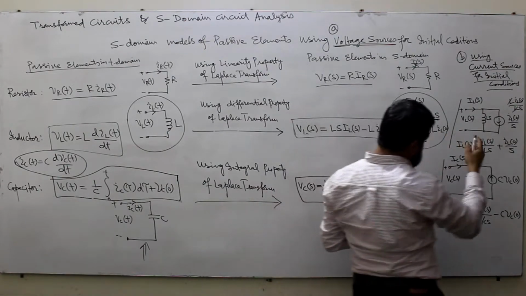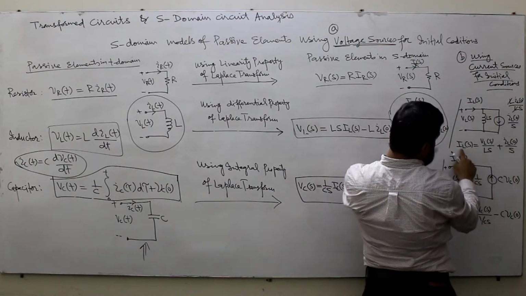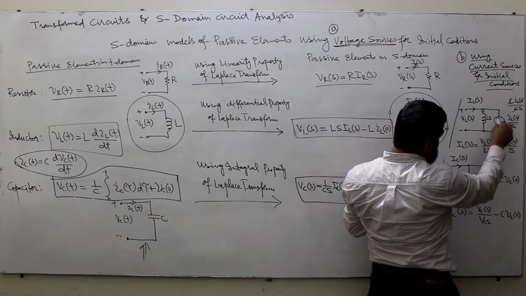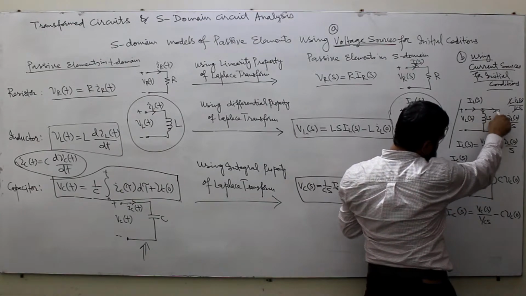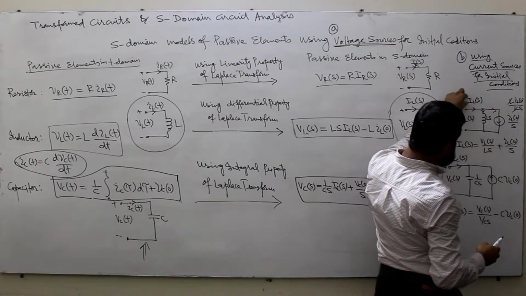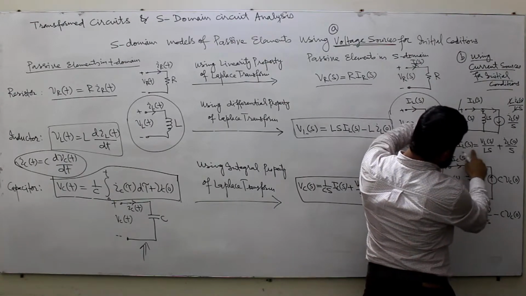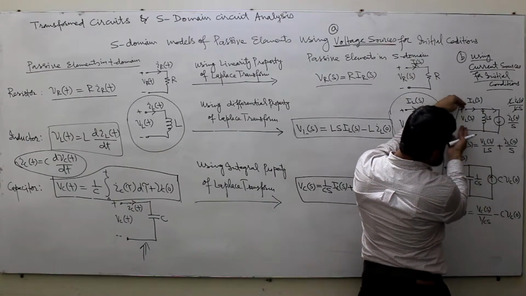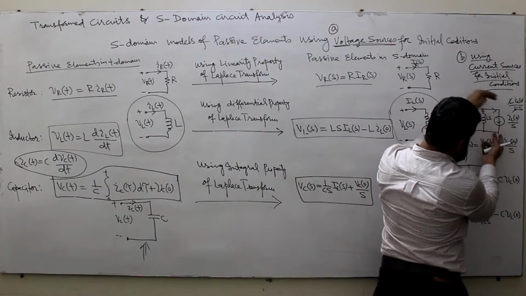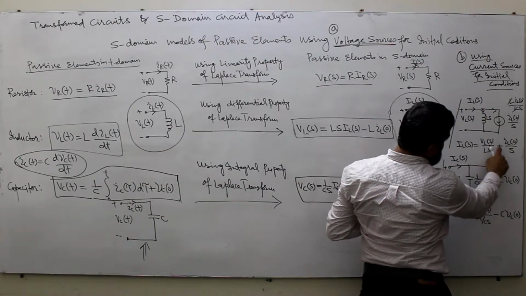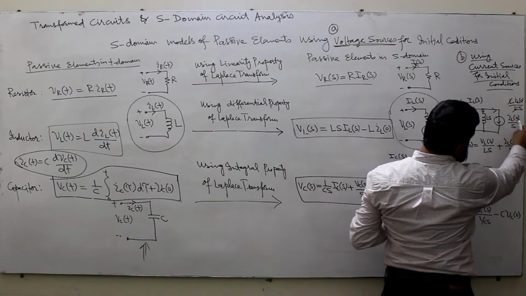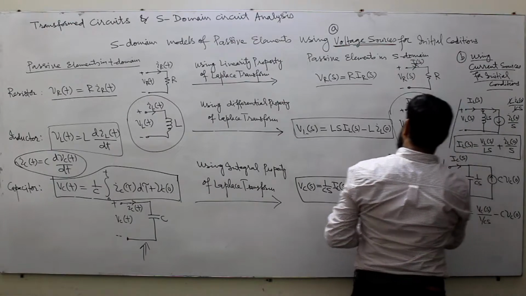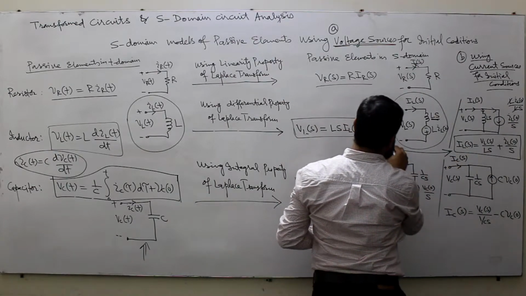This is KVL, and if you use KCL, you can write IL of S is equal to the current going in this direction plus the current going here. The sum of these two currents is equal to this one. So IL of S is equal to VL of S divided by Ls, since this voltage is the same across this one and this one, plus this current, which you already directly have, IL of 0 over S. So you have found this equation, and this equation, and they are equivalent.